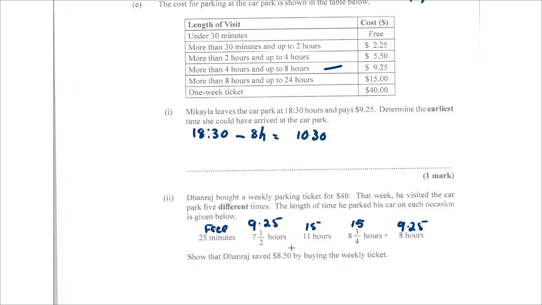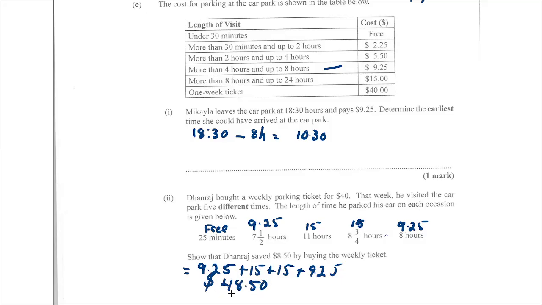So now for the total week, Danraj is not a she, is $9.25 plus 15 plus 15 plus 9.25. Use a calculator. 15 and 15 is 30. 9.25 and 9.25 is 18.50. That means 30 plus 18.50 is $48.50.